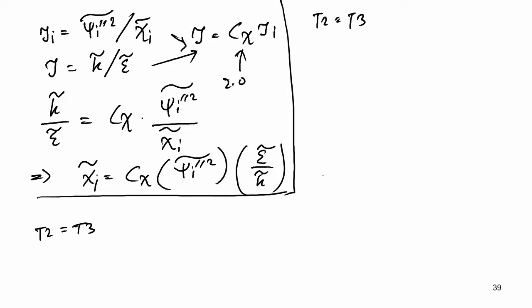if we equate T2 and T3 by this thing that production is equal to dissipation, then we can justify, and we will show, that the gradient transport assumption can be justified. Okay, how do we do that?